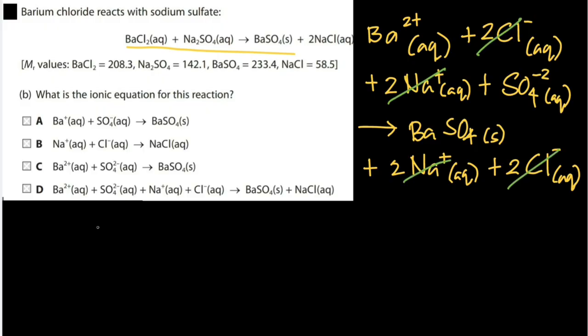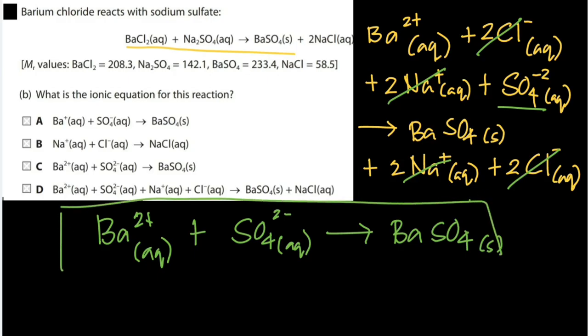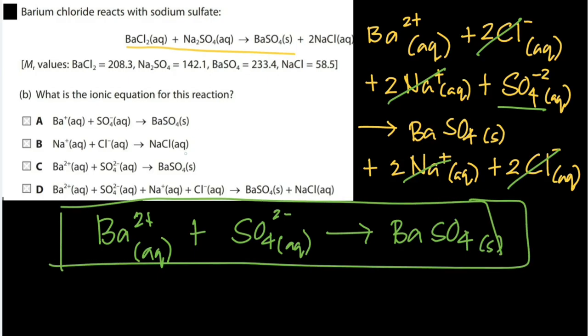So we're left with barium ion, then sulfate ion, and then barium sulfate. Right, now this is the ionic equation of the reaction. Therefore, the answer here is letter C.